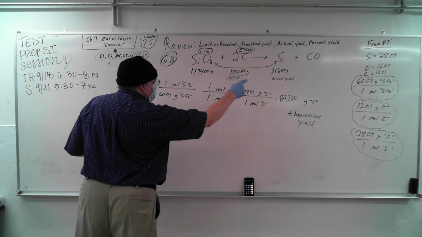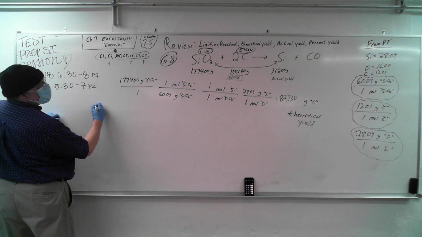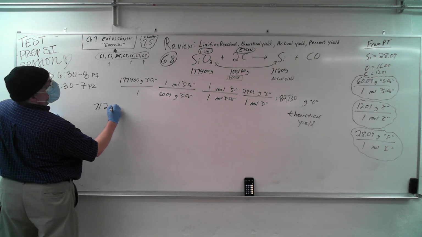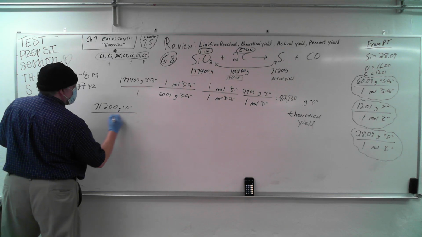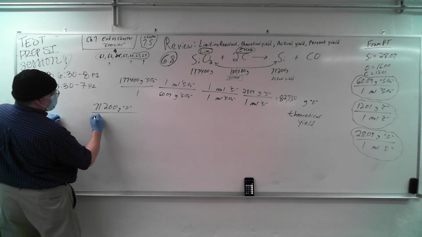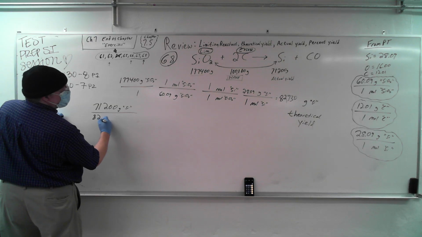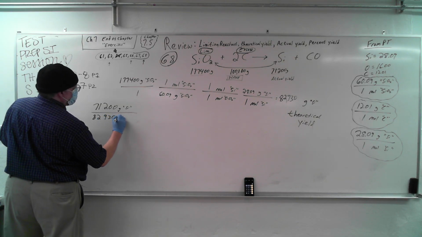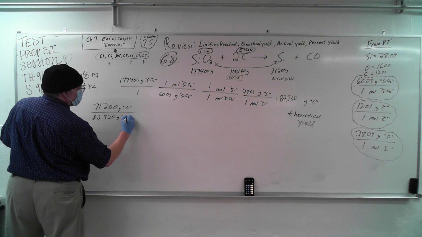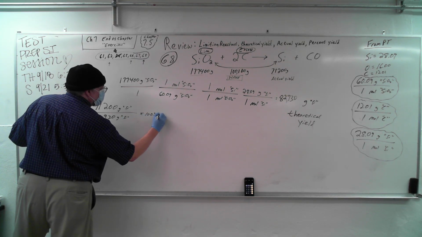This is our actual yield, so we can now calculate our percent yield. Actual was 71,200 grams of Si. And theoretical, what we should have gotten in theory, 82,930 grams of silicon times 100%.